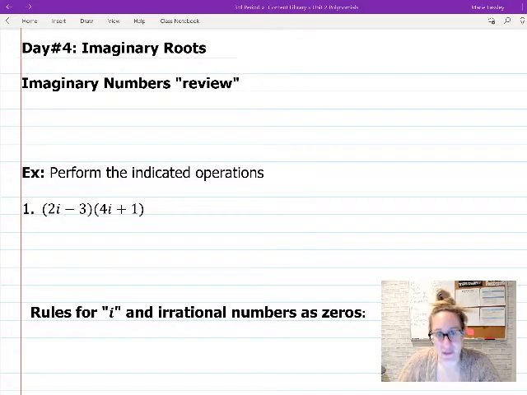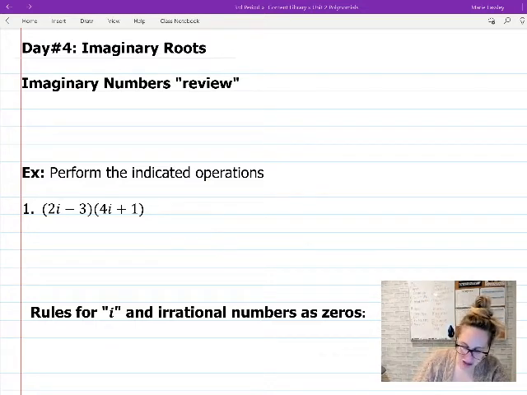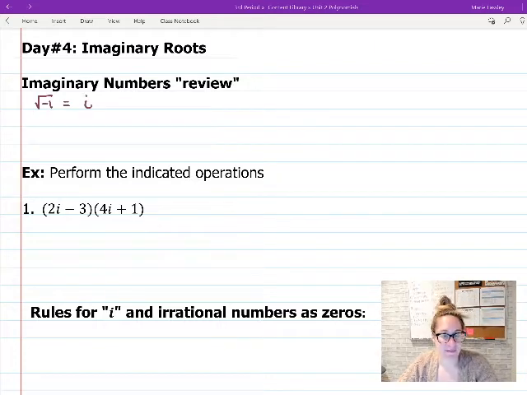Okay, so just a really quick thing with imaginary numbers. I wanted to make sure you guys knew what happens when imaginary numbers multiply together. Just a recap: if you have the square root of -1, that's i.